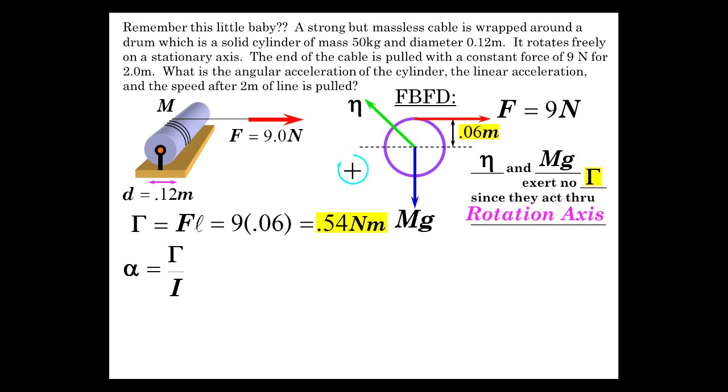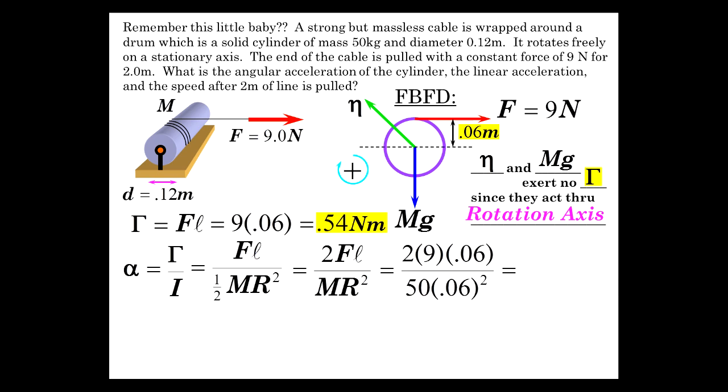Torque is I alpha. So alpha is torque over I. And so FL over 1/2 mr squared. Remember 1/2 mr squared for a solid disk or a cylinder. 2FL over mr squared, 2 times 9 times 0.06 over 50 times 0.06 squared, 6 radians per second squared. So there's the angular acceleration.